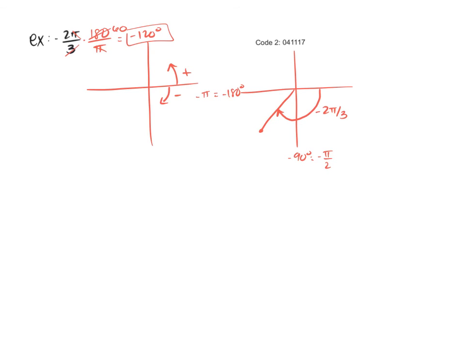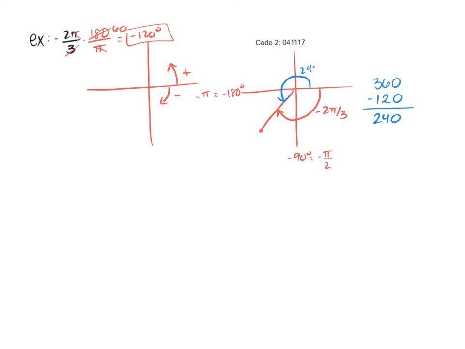So what we're going to do is what we did last section. We found a corresponding coterminal angle. So we're going to find another radian value that ends at the same place that our negative 2 pi over 3 does. So in order to do that, we're going to add 360. So 360 minus 120 is 240.